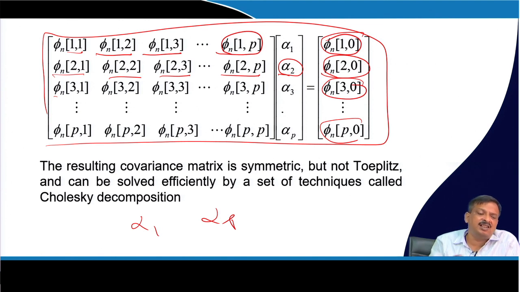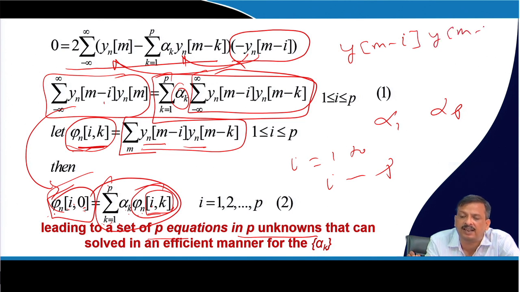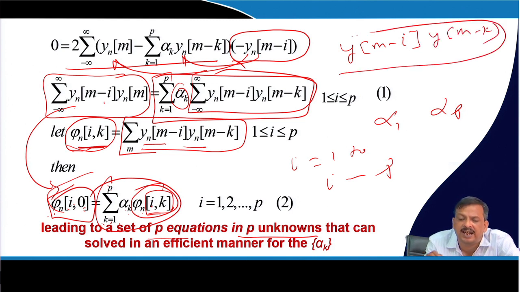Now can I say this is a symmetric matrix? So what is φ(1,1)? φ(i,k) is nothing but the signal yn(m−i) times the signal yn(m−k), which is nothing but the covariance of the signal.